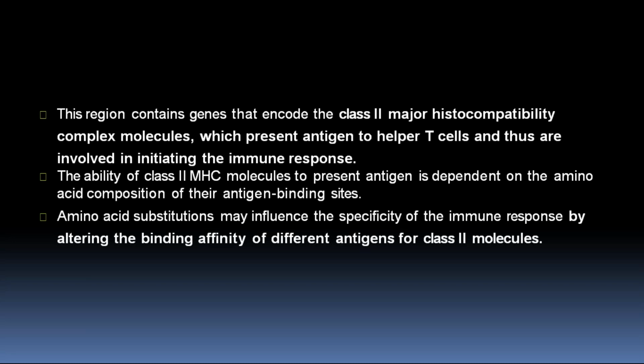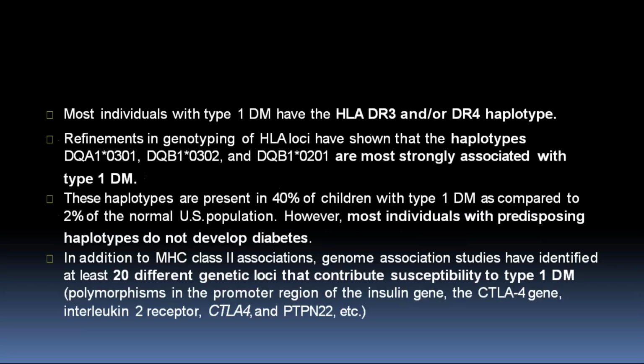The ability of the class 2 MHC molecules to present antigen is dependent on the amino acid composition of their antigen binding sites. Amino acid substitutions may influence the specificity of the immune response by altering the binding affinity of different antigens for class 2 molecules. Most individuals with type 1 diabetes mellitus have the HLA-DR3 and/or DR4 haplotype.